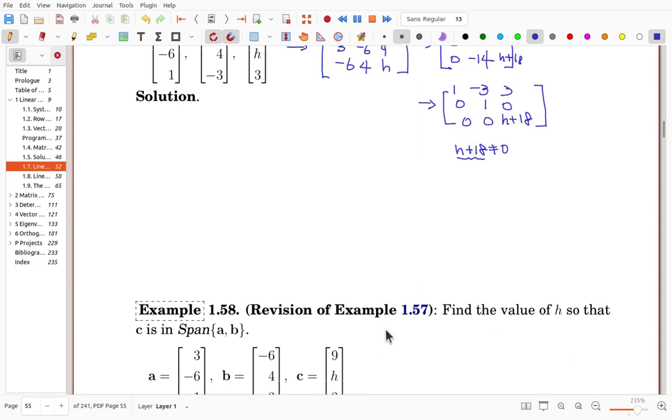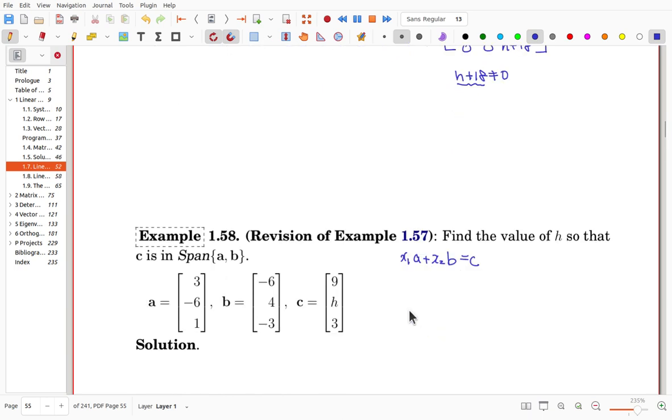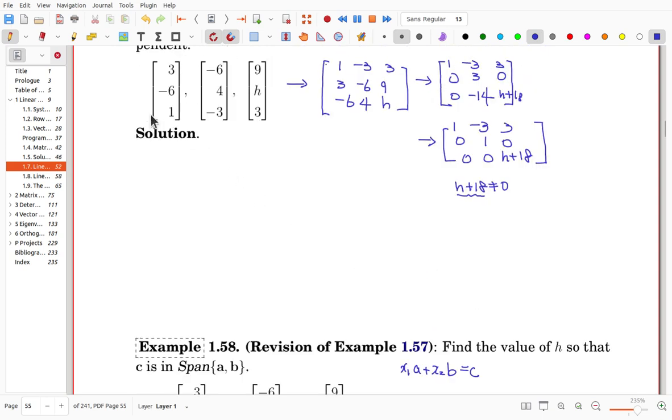For the first 2 column vectors, x1 A plus x2 B must be C. So we have to find h such that this vector equation has at least one solution. When we try to figure it out, we should start with an augmented matrix, but the corresponding augmented matrix must be the same as this one. But now the last column is from the right side.